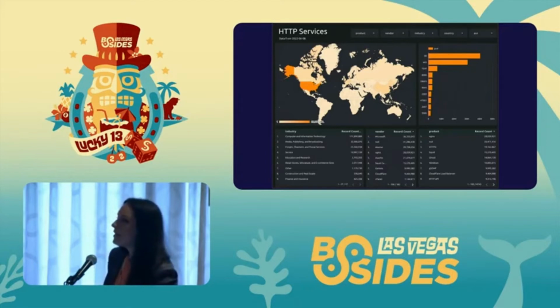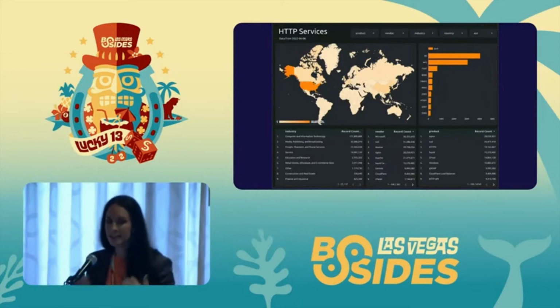In the middle and bottom right of this row, you can see some of the different vendors and products that we see. So yes, HTTP is web servers and websites, but there are also things like proxies and caches, load balancers, APIs. Lots and lots of different things run on HTTP.